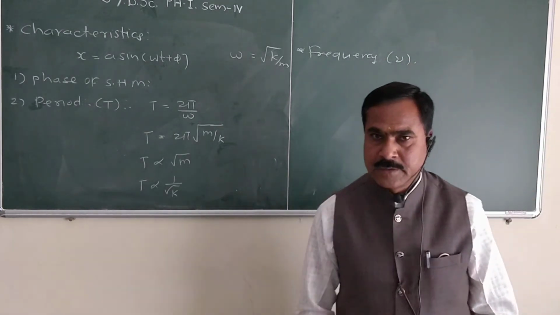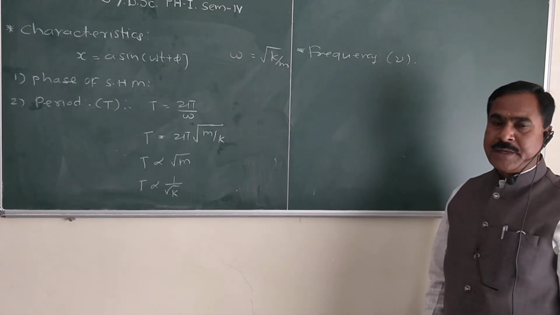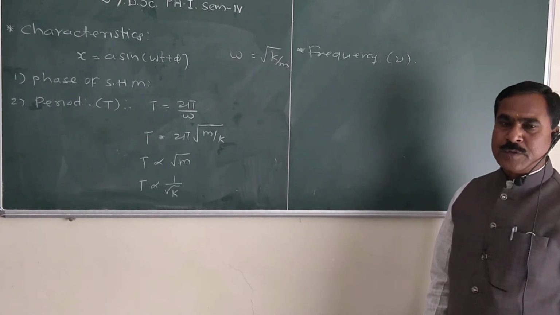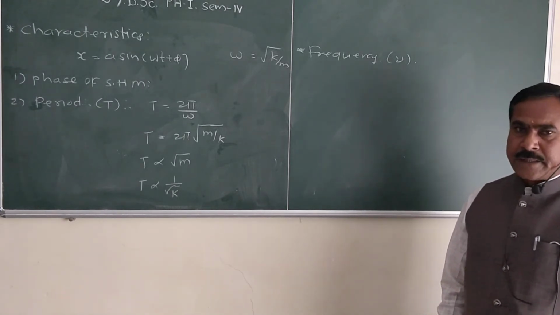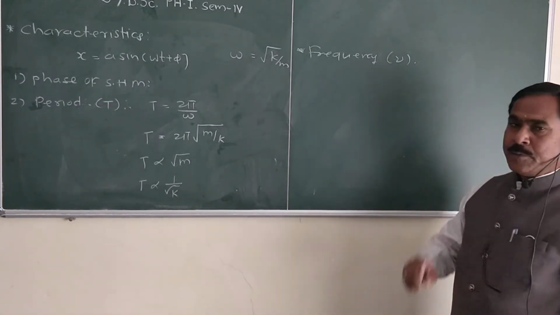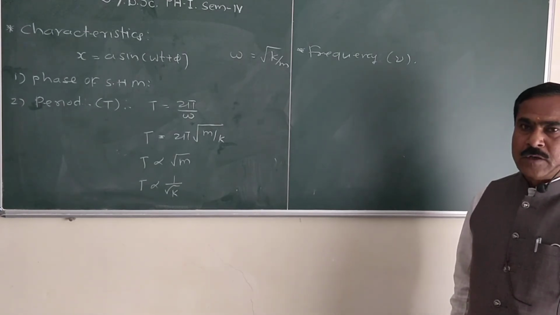Okay, so how do you define frequency? Frequency is the number of oscillations of the body or oscillator per second. You know that frequency is the reciprocal of the period.